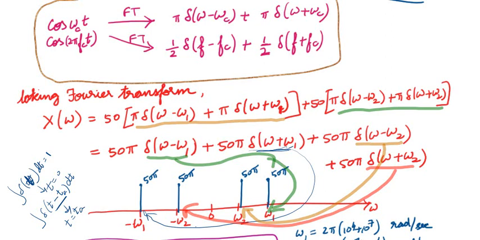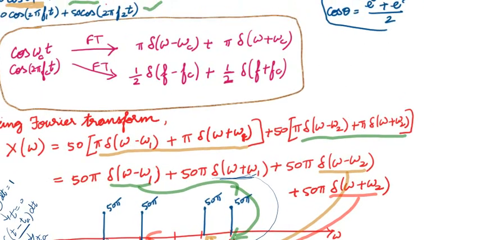So make a note here: we can use omega or f interchangeably, nothing wrong, but when there is a delta impulse, delta is divided by 2 pi. Keep that in mind.